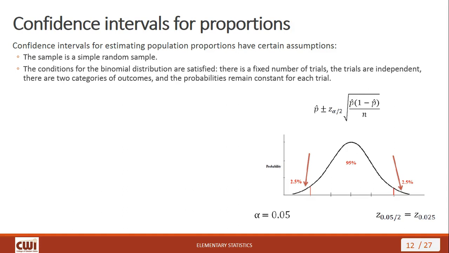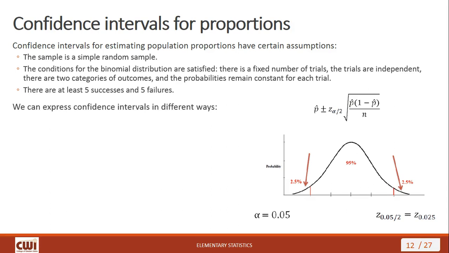So we need to make sure there's a fixed number of trials, the trials are independent, there are two categories of outcomes, and the probabilities remain constant for each trial. We need to know that there are at least 5 successes and 5 failures. So right there off the bat, any sample size less than 10 is not going to satisfy these assumptions.